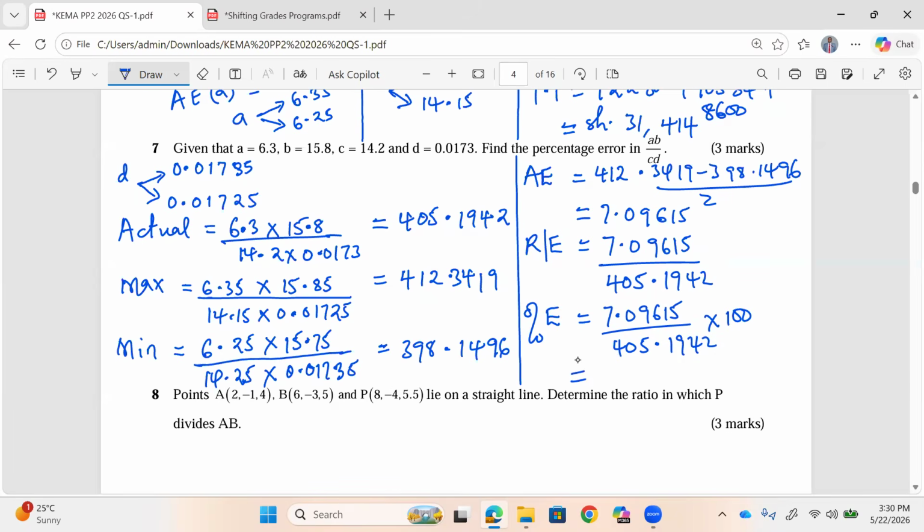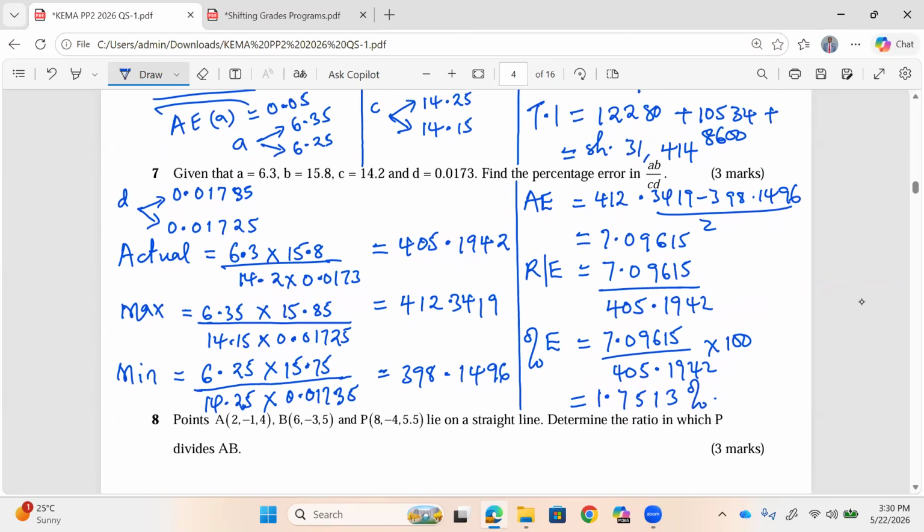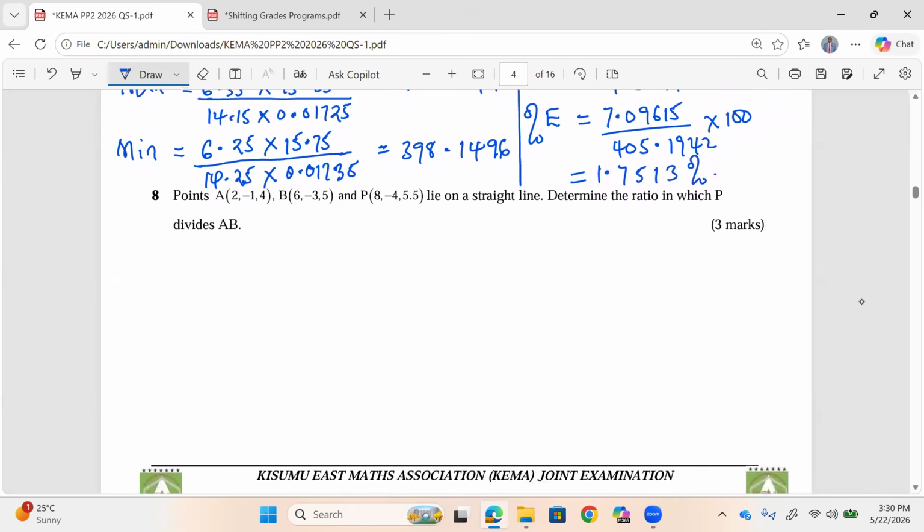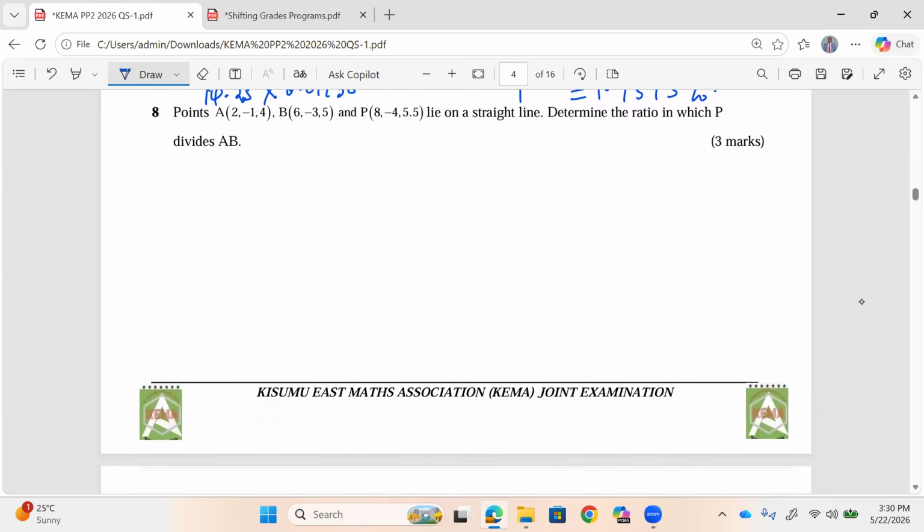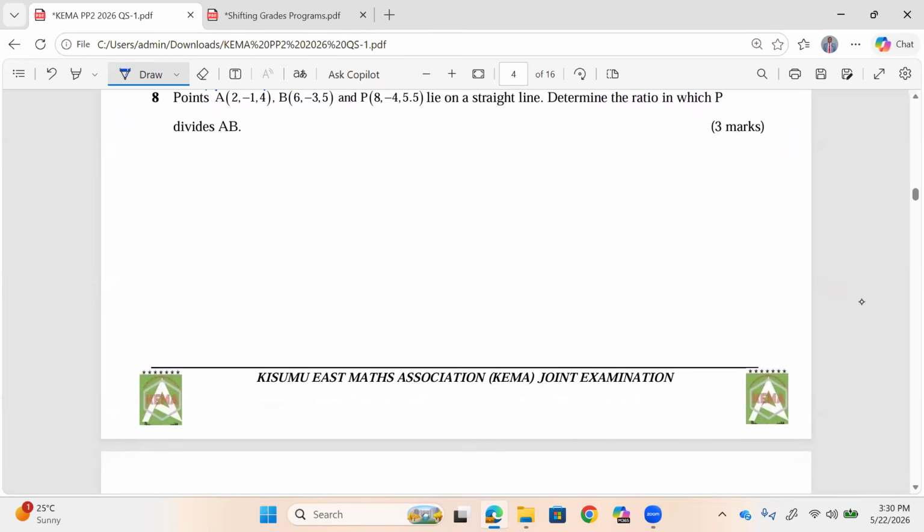So what do we get here? Let me check. 7.09615 divided by 405.1942, then I multiply by 100. I'm getting 1.7513%. That is to an accuracy of 4 dp. A very good question on errors and approximations.